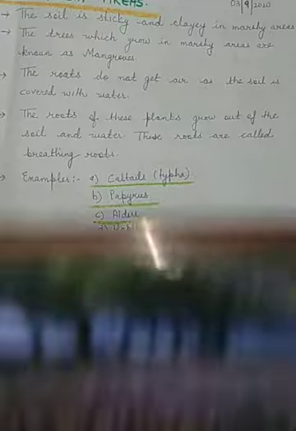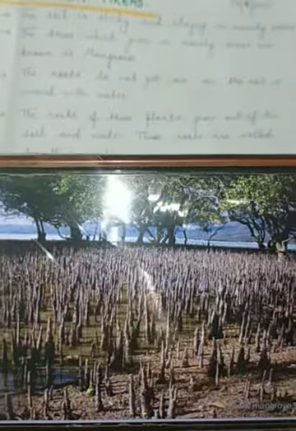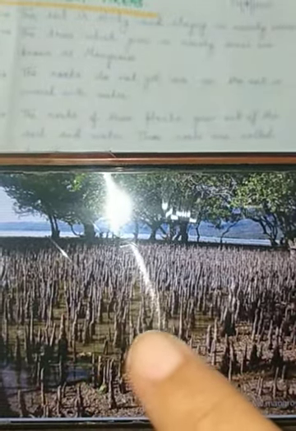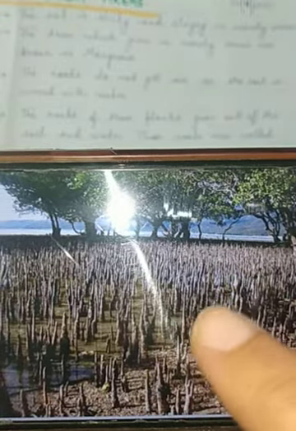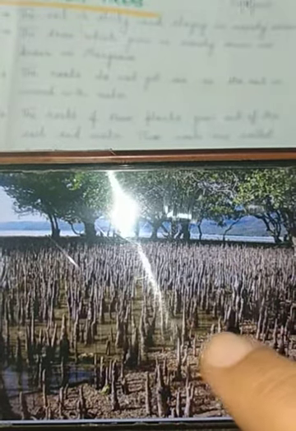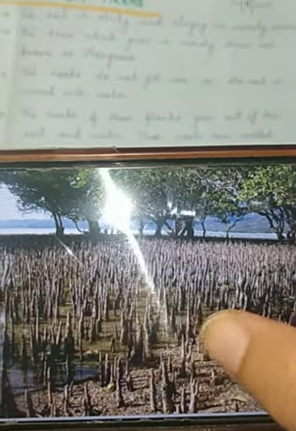Here, this is the picture of breathing roots. You can see these are trees, and the roots of the trees are coming out of water and soil, and they are breathing from the air. They are taking air from here. So these are known as breathing roots.